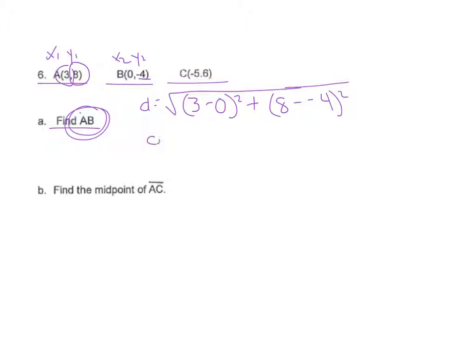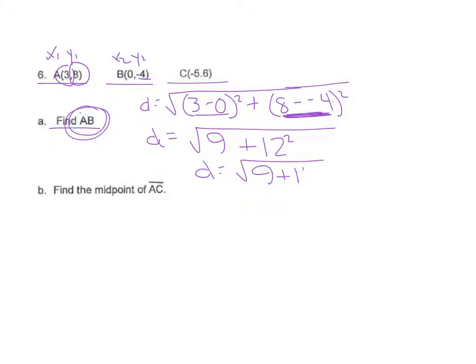So D equals the square root of 3 squared, which is 9, plus, this is going to be a positive 12 because 8 minus negative 4 is 8 plus 4, 12 squared. So D equals the square root of 9 plus 144. So D equals the square root of 153.